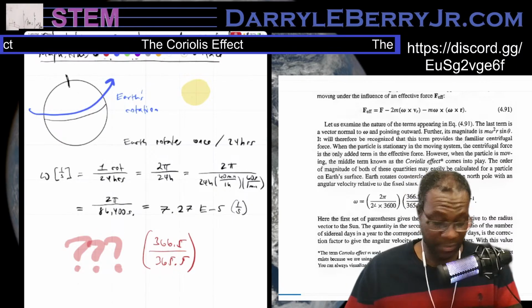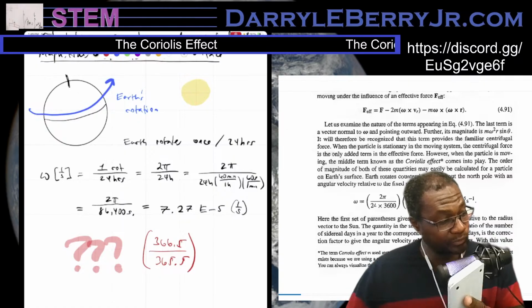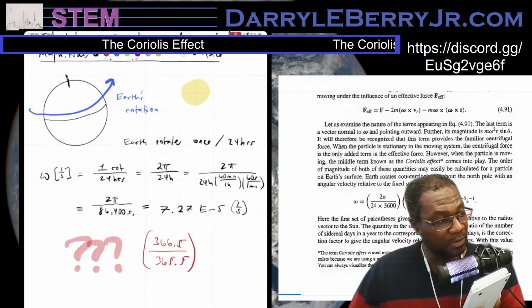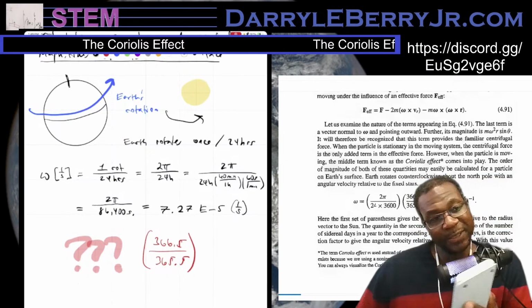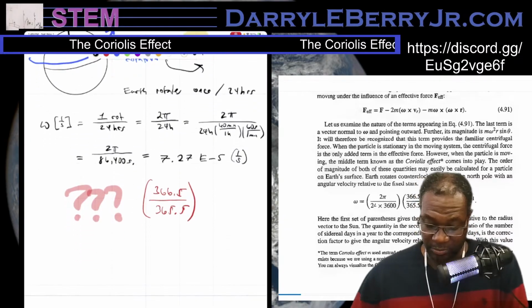Let's see what that difference is. 366.5 divided by 365.5 is 1.0027. So relative to the fixed stars, because we're spinning that way, we're rotating this way. I'll have to think about it. I'll just do it another time. It's not a big deal.